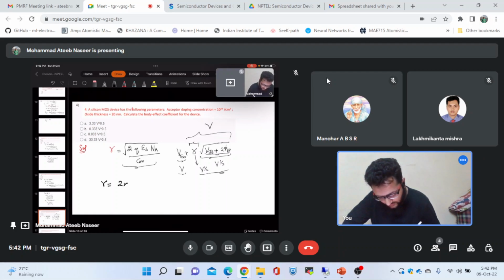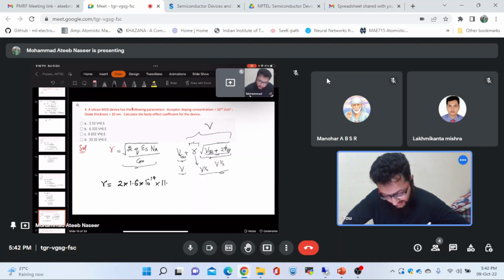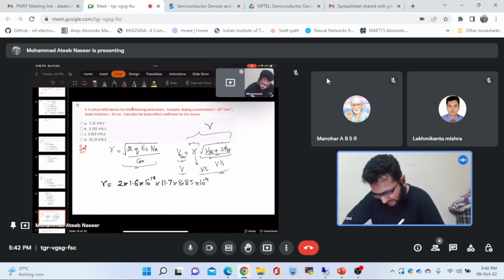This is 2 times 1.6 into 10 to the power of minus 19, and this epsilon s is for silicon. We are considering the silicon case only. This is 11.7 into 8.85 into 10 to the power of minus 14. This will be under the square root, into 10 to the power of 16, divided by epsilon ox by T ox.